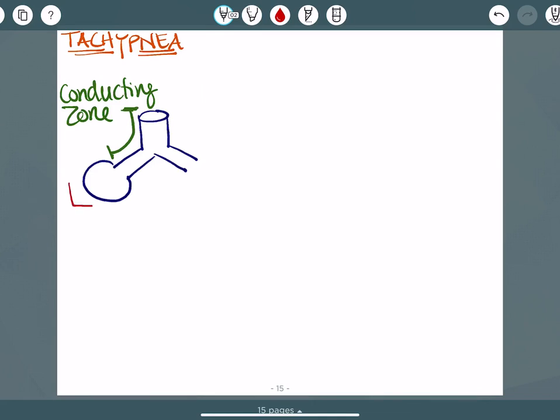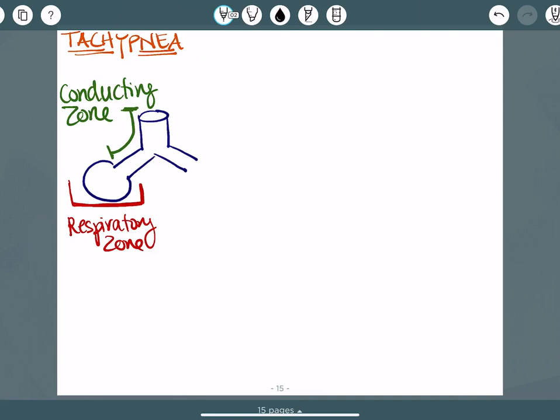Once you get down here to the bottom, either the respiratory bronchioles or the alveoli, you are in the respiratory zone. This is the area of the lung that participates in gas exchange. So when air comes into the lung, we fill the lung with fresh oxygen, and we deliver that oxygen all the way down to our respiratory zone, where the oxygen crosses the alveolar membrane to get into the pulmonary capillary.